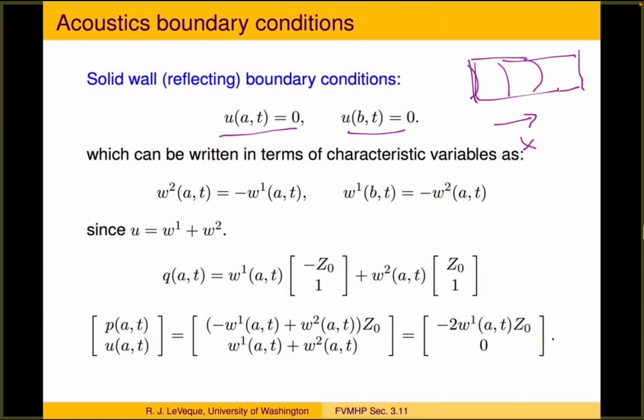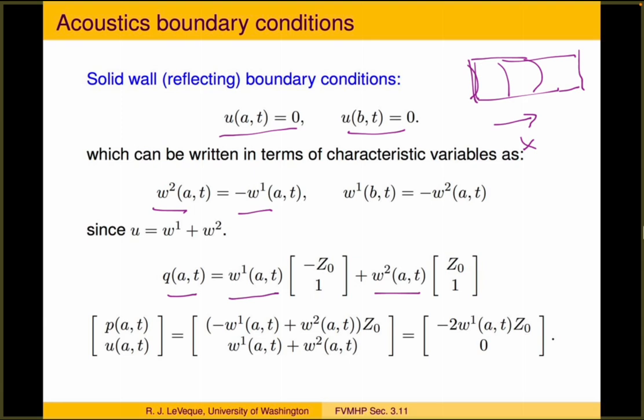So these boundary conditions are not really written in terms of the characteristic variables, but in terms of what makes physical sense. But you can translate them into the characteristic variables. It turns out u equals 0 corresponds to saying that W2 is the negative of W1, because in general, remember, we can decompose Q as W1 times the R1 eigenvector plus W2 times the R2 eigenvector.